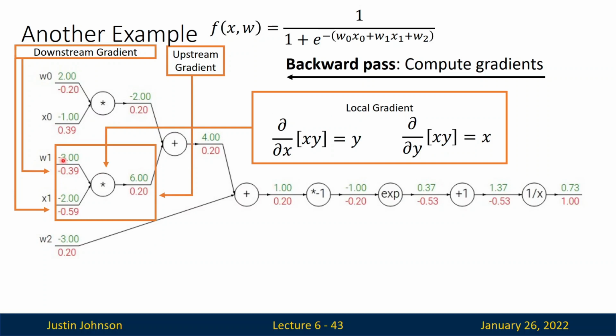We can calculate the downstream gradient here. So here you see, using backpropagation, we can calculate df/dW1, df/dx1, df/dW2, df/dx2, and df/dW3. So what's that?